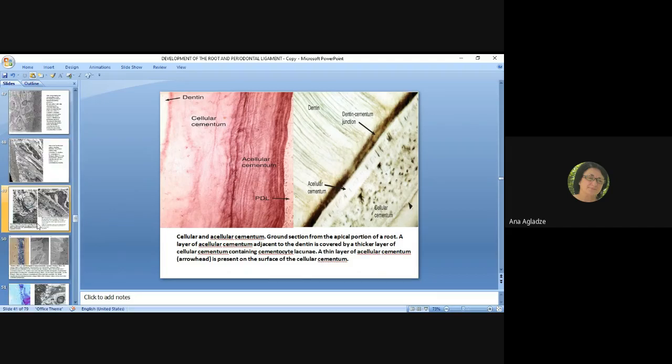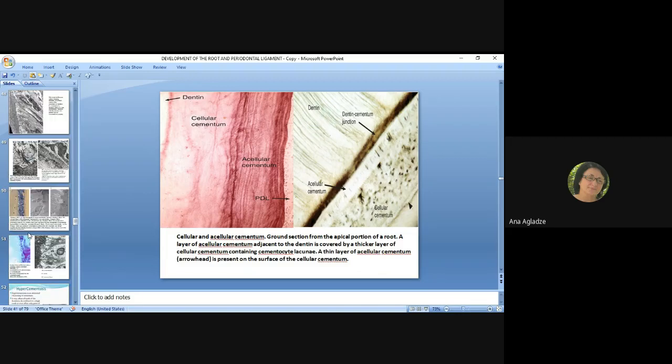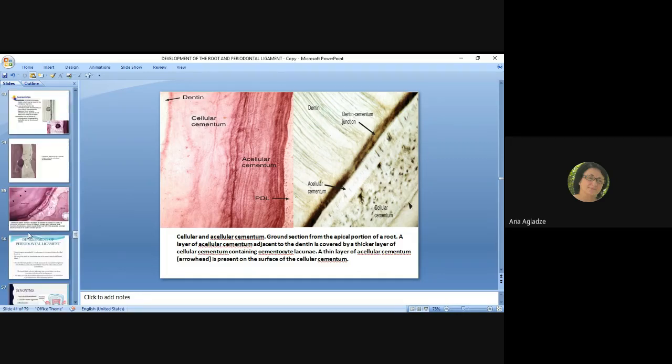It is not a certain layer. It does not represent a separate layer, but the boundary between dentin and cementum, and it is not a different layer.